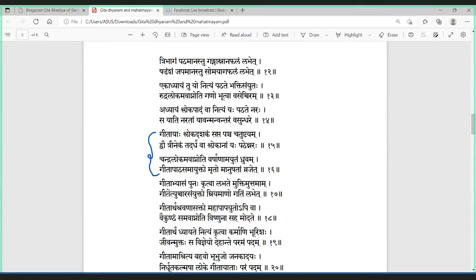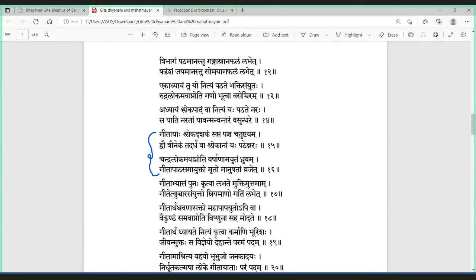Next one. Gita abhyasam punah kritva labhate muktim uttamam.